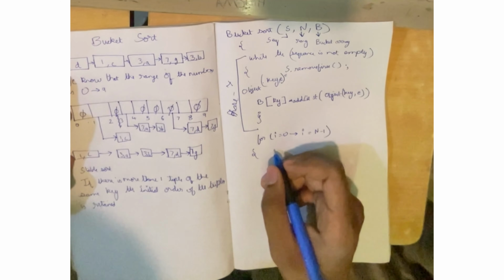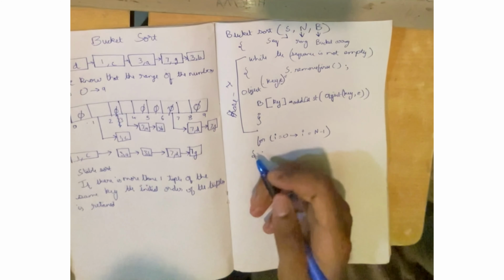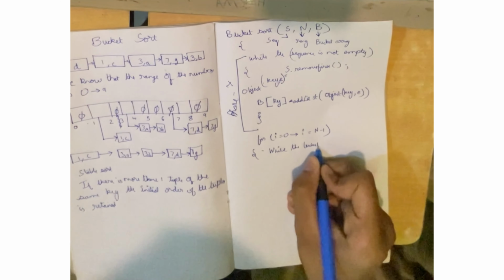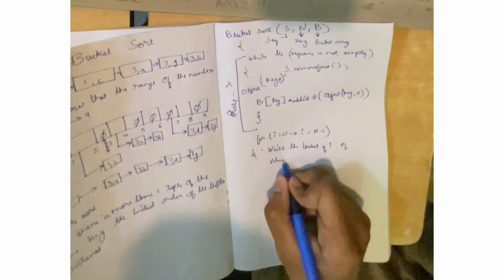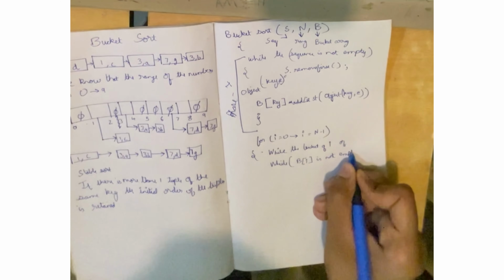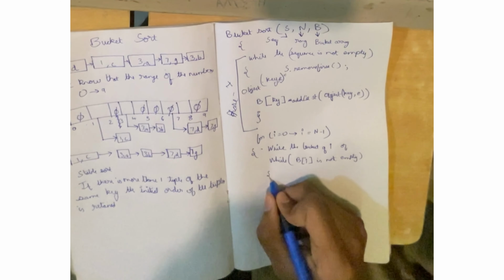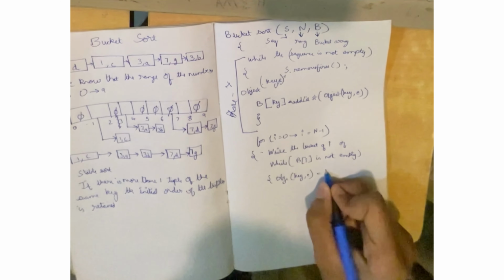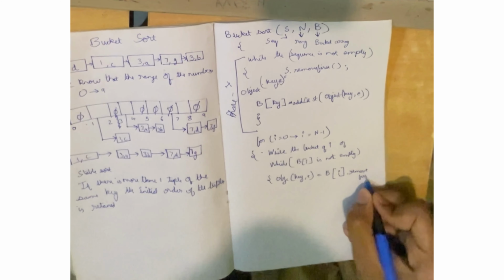Now what will we do? We have to empty out each of these indexes. So while bucket B of i is not empty, we'll take it out and store it as an object which has a key-element pair, which is going to be B of i, and I want to removeFirst.